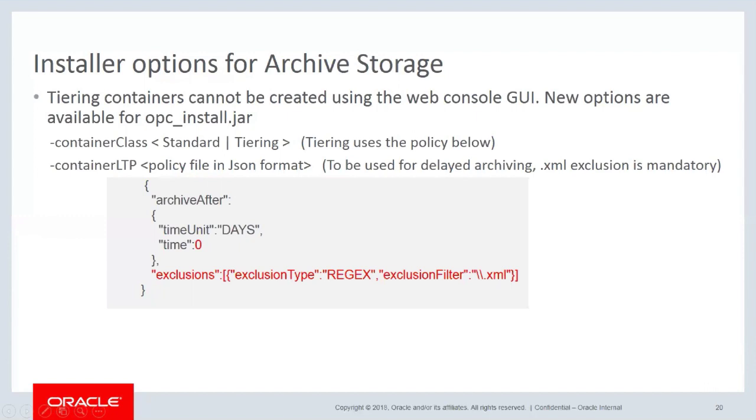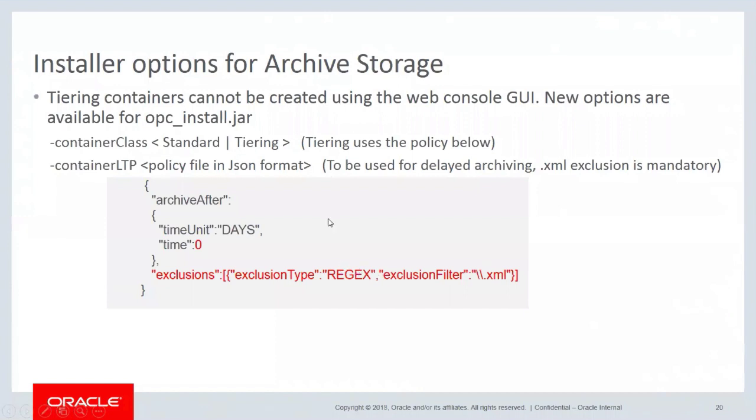That's because Arman needs these XML files, the manifest files that it creates when backups are sent to the cloud, to be always available immediately for read, not to be recalled when they are needed. So Arman expects this to be always accessible at any time, and we don't want to archive these XML files.